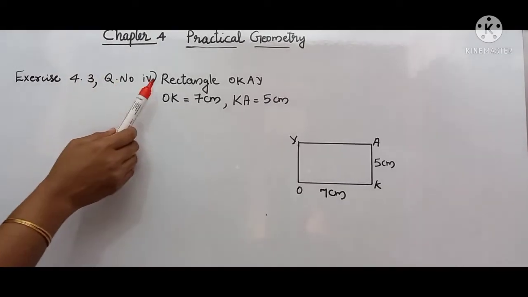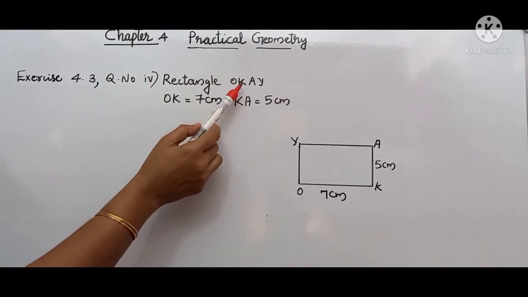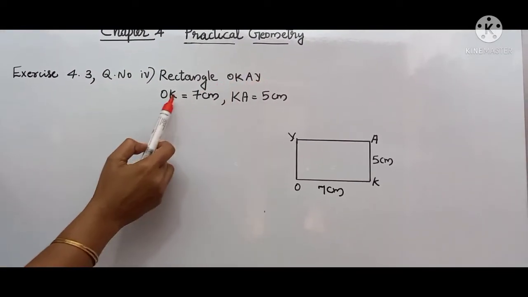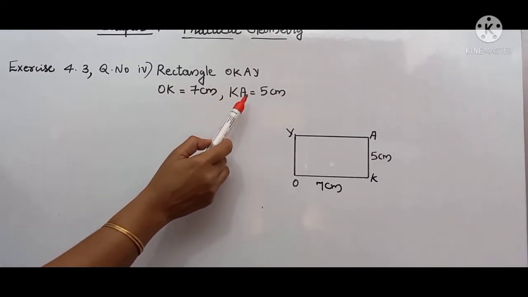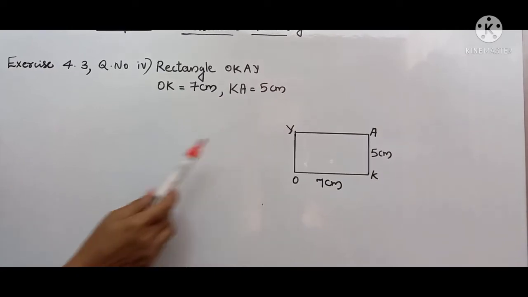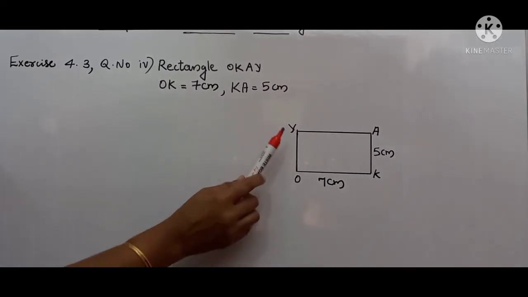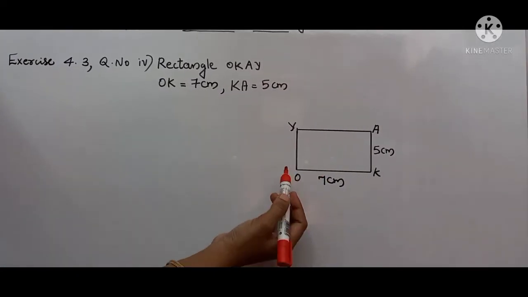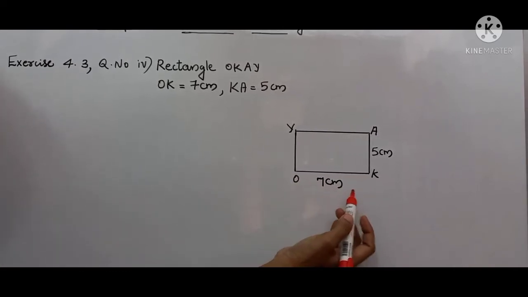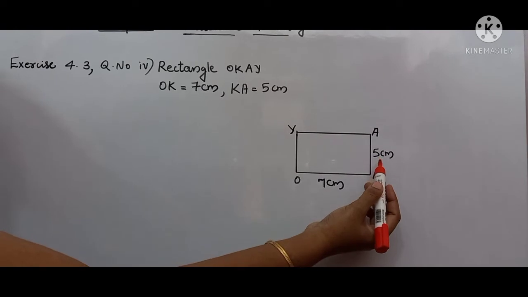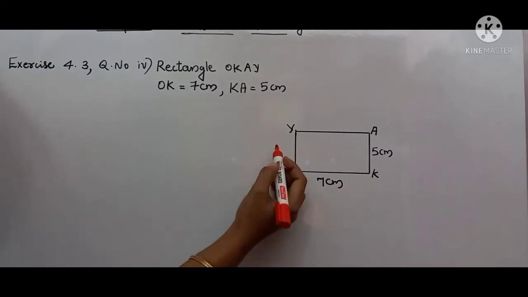Next problem is construct rectangle OKAY, where OK is equal to 7 centimeter, KA is equal to 5 centimeter. Here I have drawn that rectangle OKAY with OK 7 centimeter and KA 5 centimeter. We know for a rectangle opposite sides are equal.